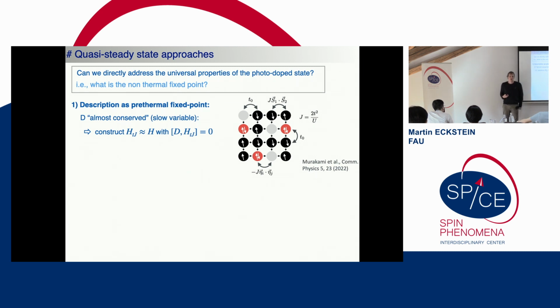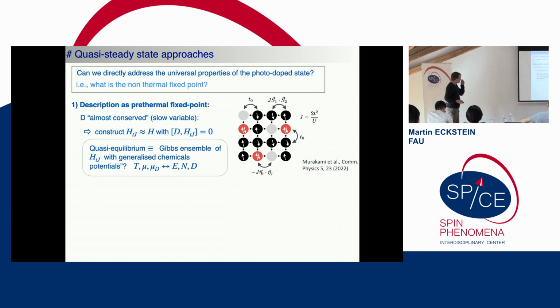This approximate Hamiltonian is a generalized t-J Hamiltonian, which has spin exchange terms, t squared over U. It has the motion of these charge excitations. And it has exchange interactions of doublons and holes themselves, which are also superexchange types, t squared over U. And then you can solve equilibrium states of that.